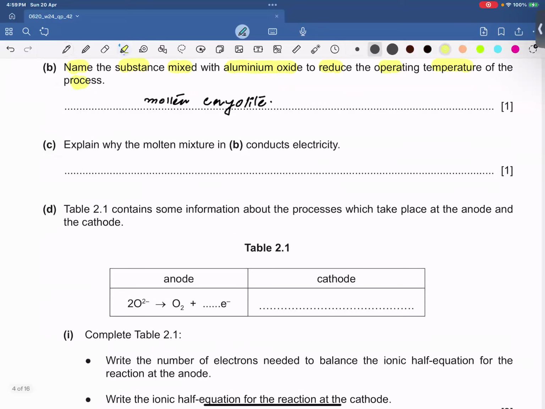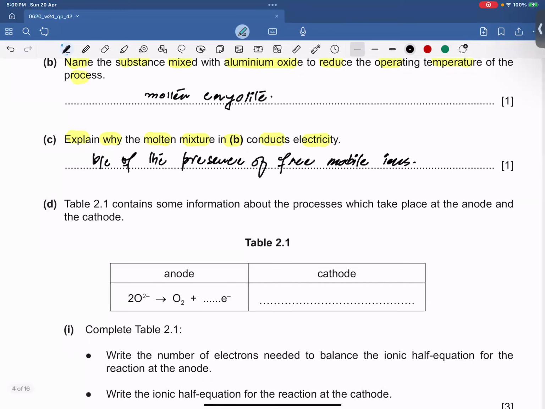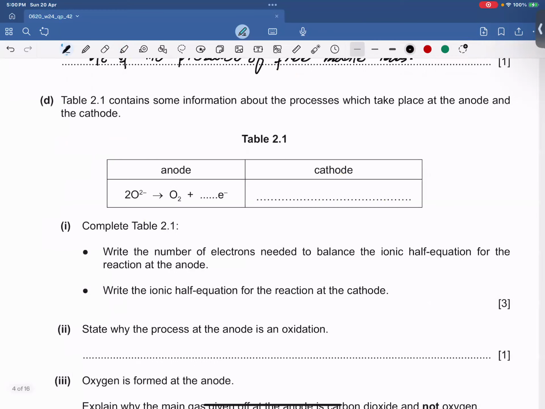Explain why the molten mixture in B conducts electricity: because of the presence of free mobile ions. Table 2.1 contains some information about the processes which take place at anode and cathode.